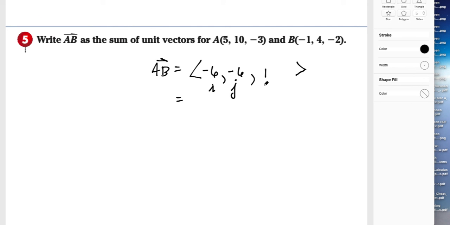But when I'm thinking about the z direction, it would be k. All right, so now we can write this as negative 6i, last time I forgot my vector signs, minus 6j, and then plus k, vector k.